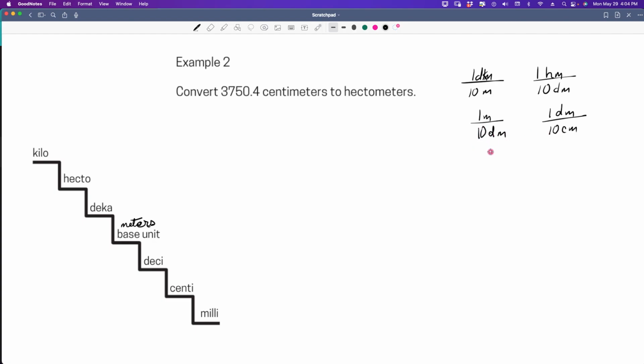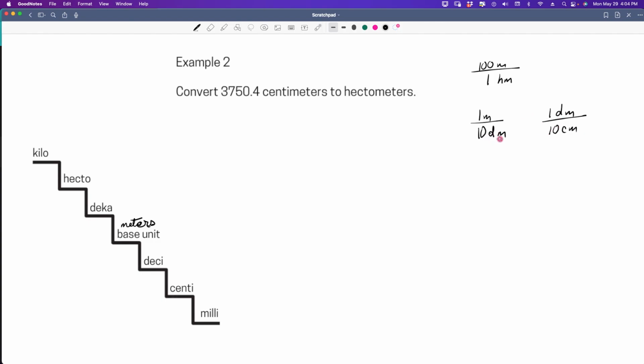Now, if I multiply these out, then that tells me that I have 100 meters in 1 hectometer.